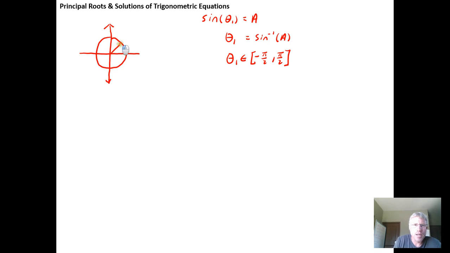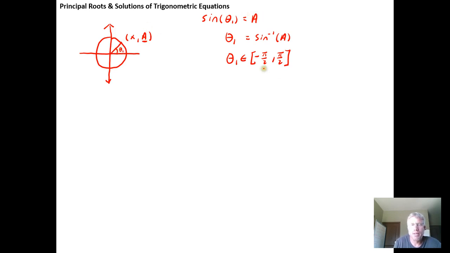I have found an angle theta 1, and this is going to be an x-coordinate, which we don't care about. The sine of theta 1 equals A. Sine of theta 1 on the unit circle is the y-coordinate, so sine of theta 1 is A. That means A is the y-coordinate on the unit circle, and we found the angle theta 1 that produces that side ratio A.